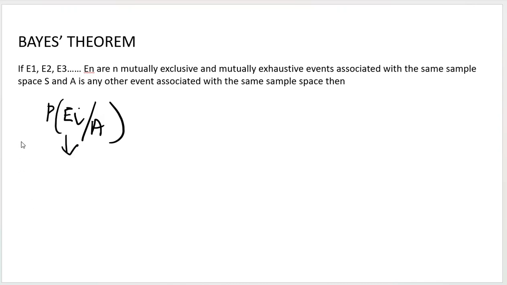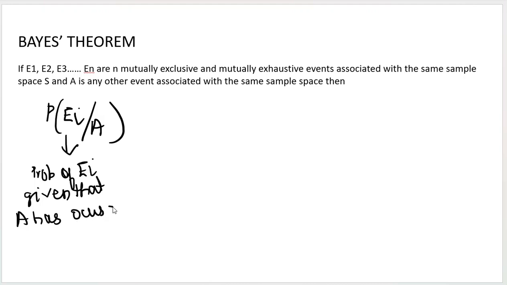This is read as the probability of Ei given that A has occurred. That means what? The given part has come down.